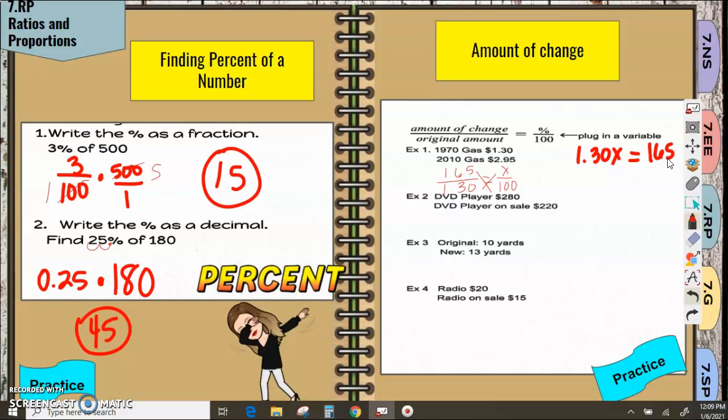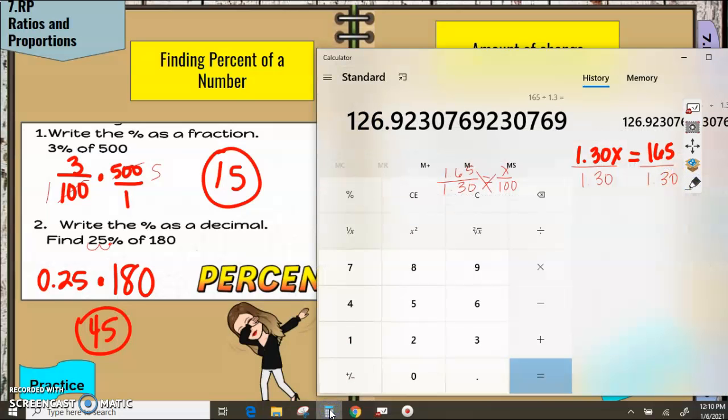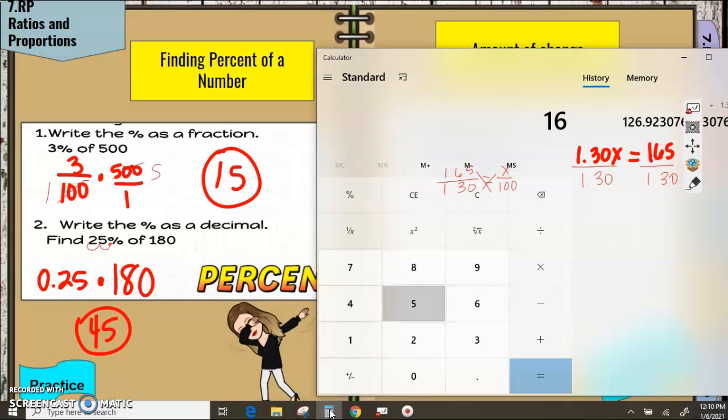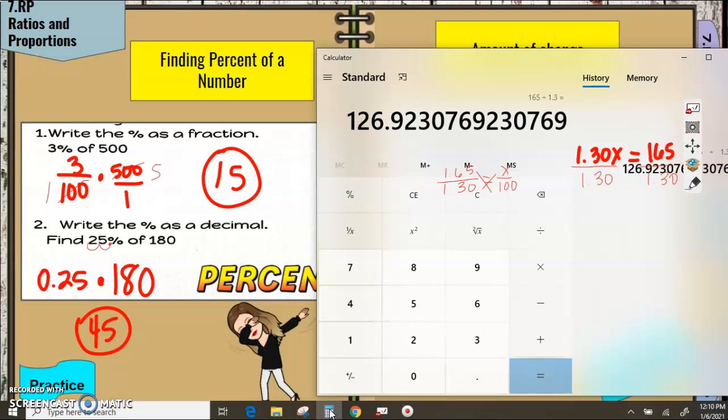Now I have a one-step equation. So to solve this one-step equation, I'm going to divide by 130, or 1.3, on both sides. So I have 165 divided by 1.3, and that gives me this really long decimal.